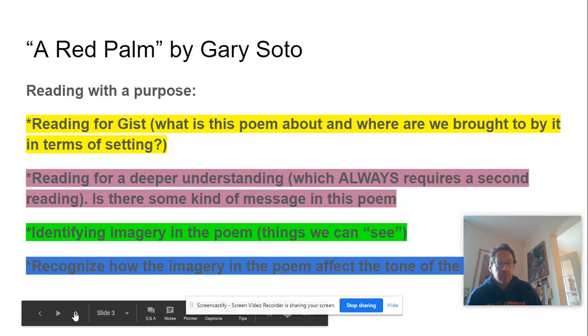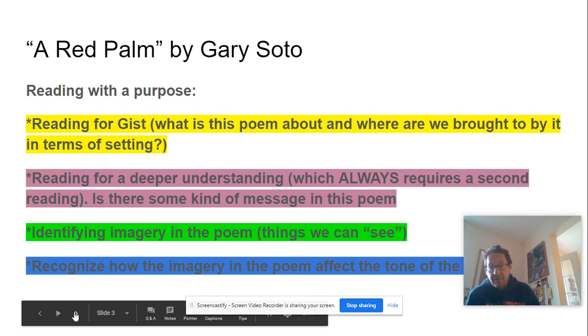I don't necessarily read a novel, reading every page twice. But when I'm studying something, when I need to present something or learn something, I read it twice. So reading for a deeper understanding in terms of poetry, is there some kind of message in this poem that I'm looking for?